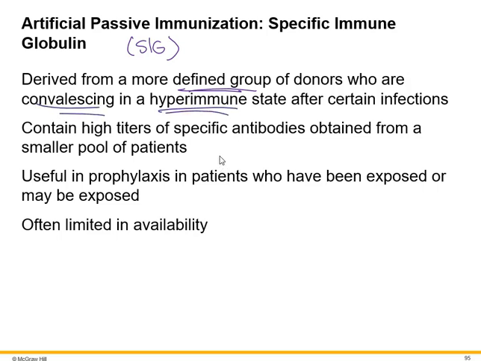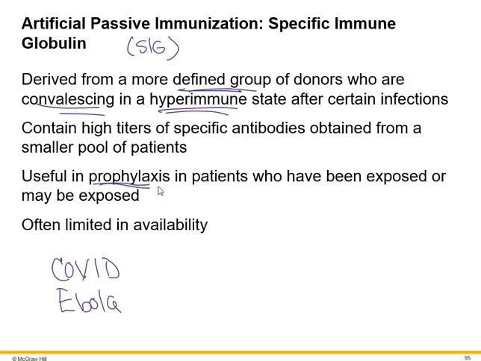That means people who have recently had COVID were giving their blood, and the serum was taken off of that and given to people to treat COVID. Before COVID, there was Ebola, and there was a doctor and a nurse who survived Ebola because they were given this specific immune globulin. It has a high titer of specific antibodies for the particular disease that they were exposed to.